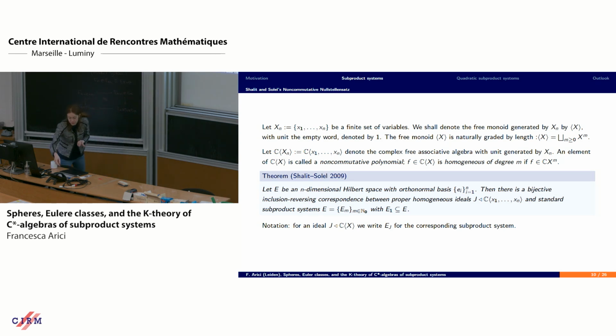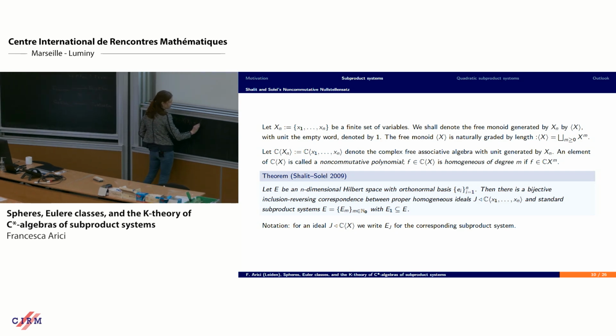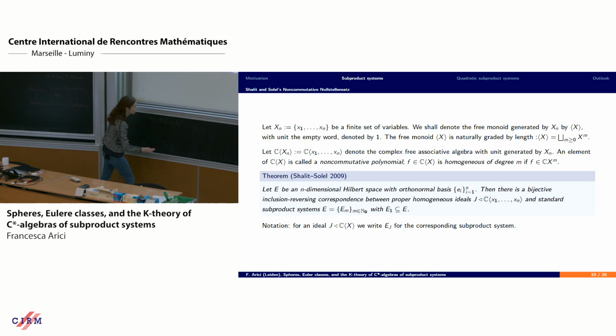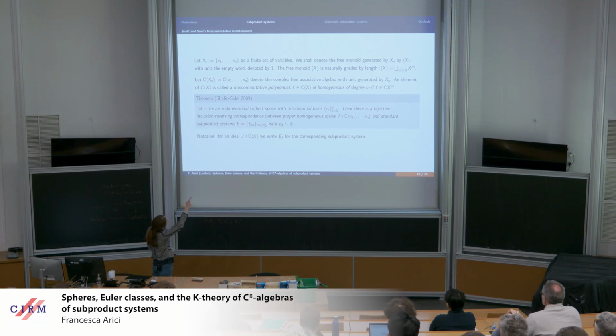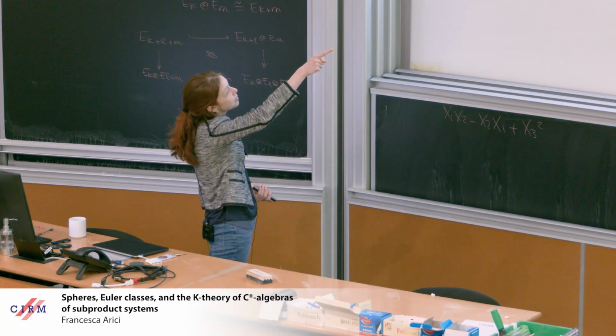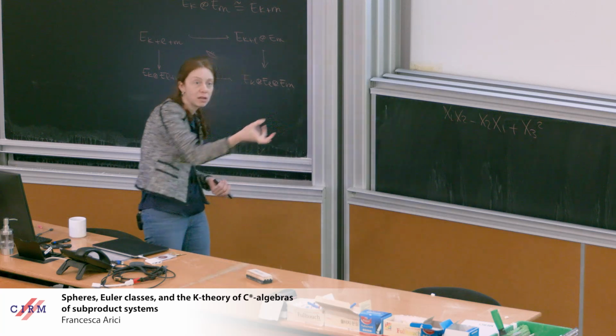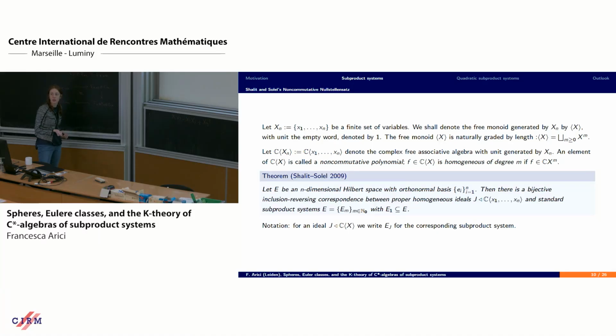So it's stuff like this: x1 x2 minus x2 x1 plus x3 cubed, squared. I don't know. This is a non-commutative polynomial in 3 variables. And it is also homogeneous, as you see here. So we call a non-commutative polynomial homogeneous of degree m if it belongs to the degree m component of your free algebra.